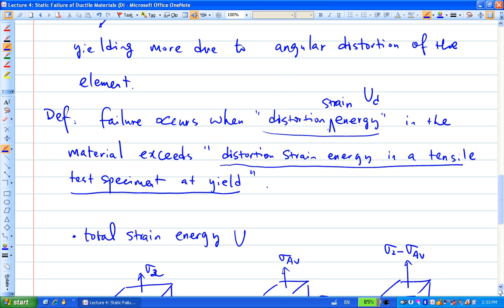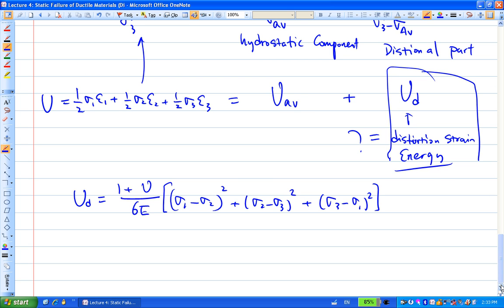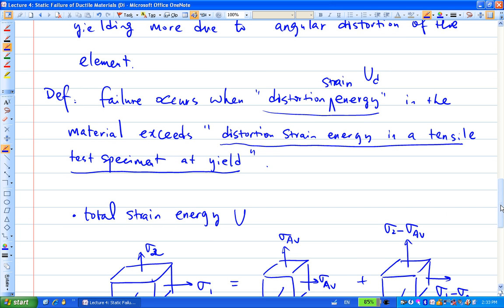So we're comparing two things. Now we've found the first one, and we need to find the second one. The second one is the distortion strain energy in a tensile test specimen at yield. Basically, the second one is a special value of the first one, the value for a tensile test specimen at yield.